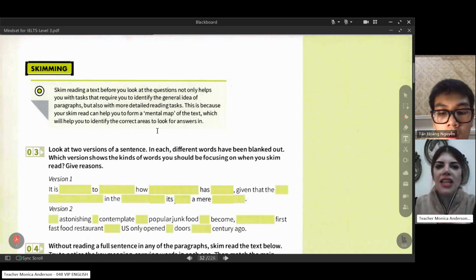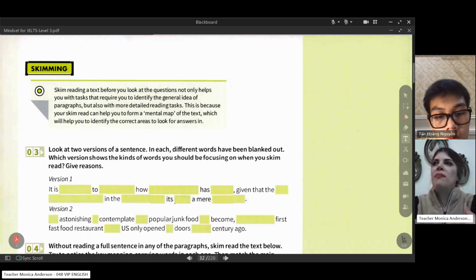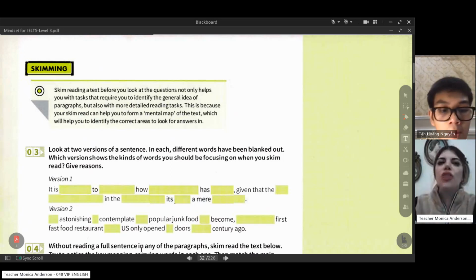You only need to notice the words that help you get the general idea of the text, so not prepositions, modals, auxiliaries or other details.